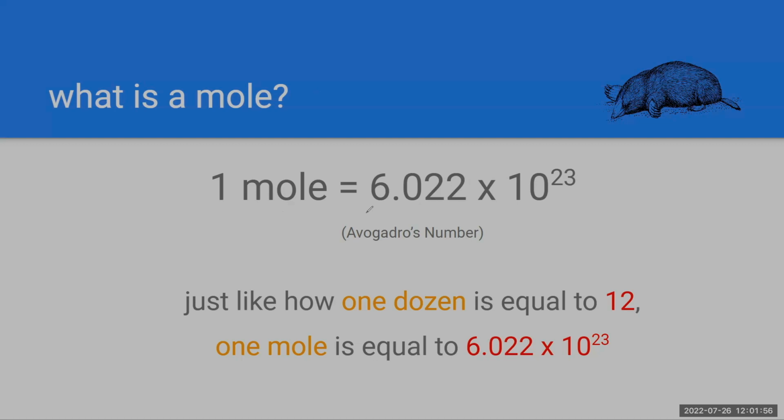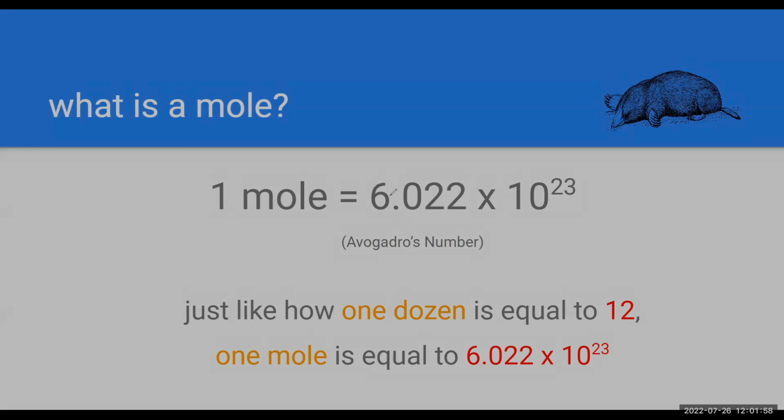So this 6.022 times 10 to the 23rd, if you were to write it out, it'd be some really, really big number. It'd be 6.022, and then you move that decimal place to the right about 23 times.